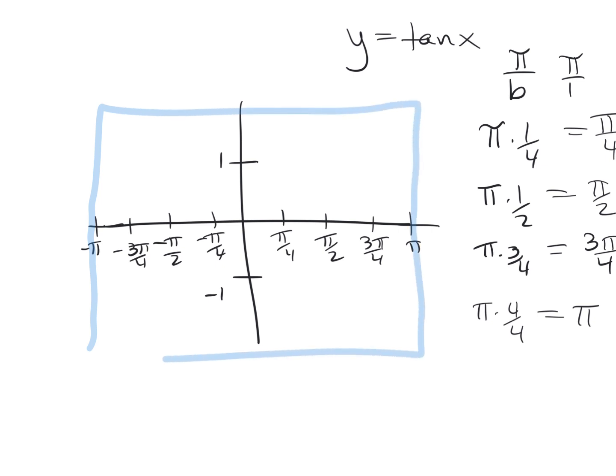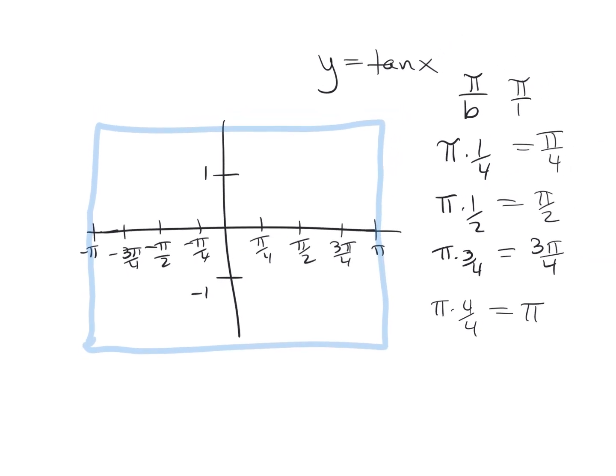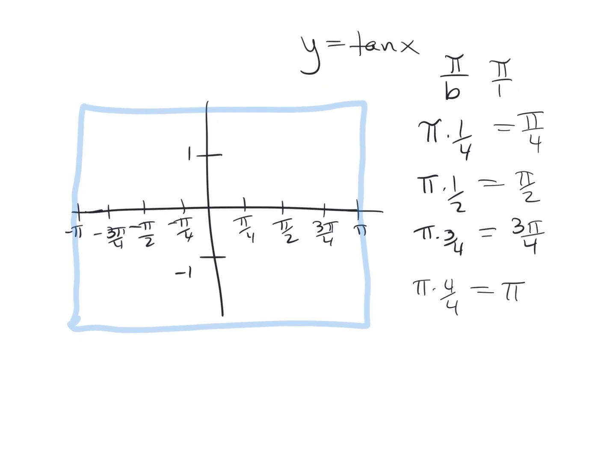At the 1/2 calculation, this is always going to be an asymptote. So I'm going to go here, draw my asymptote, draw here on the negative pi over 2. And then now, at the edges of my boxes, I put a point at 0, 0.